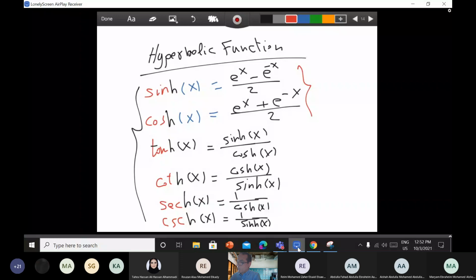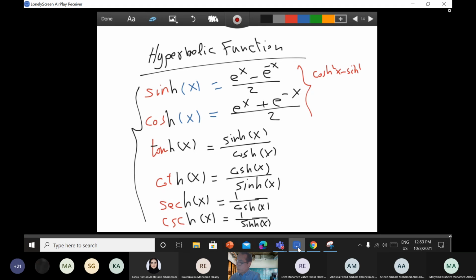You can square to prove that cosh square x minus sinh square x equal to 1. And also you can find the rest of the identities for the hyperbolic functions, right?